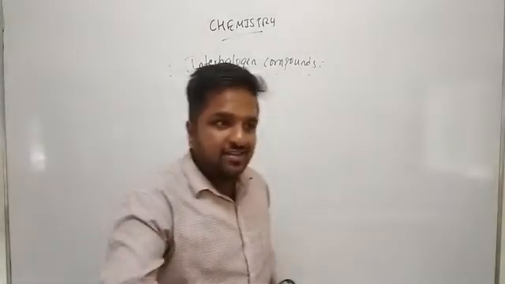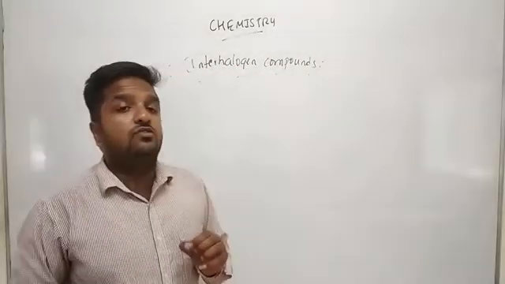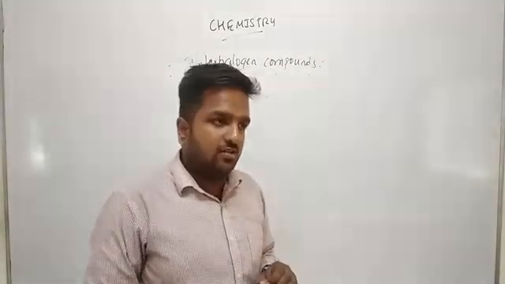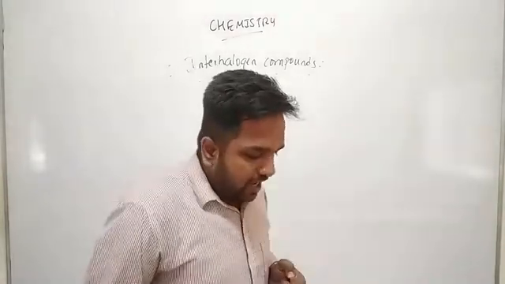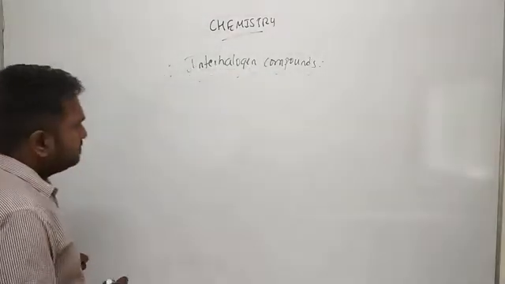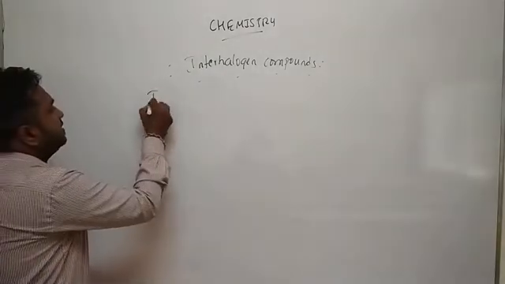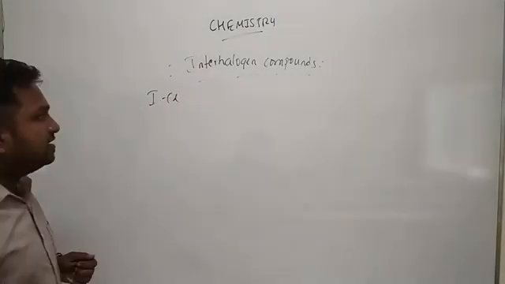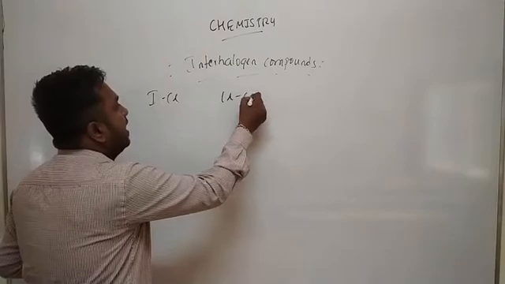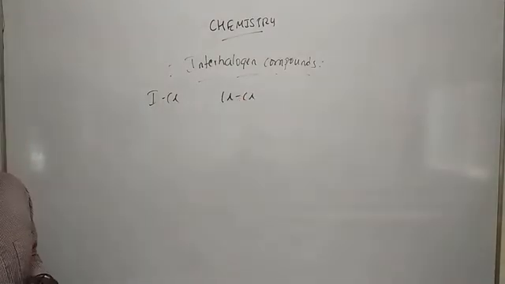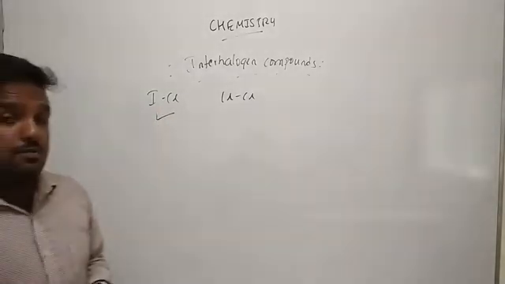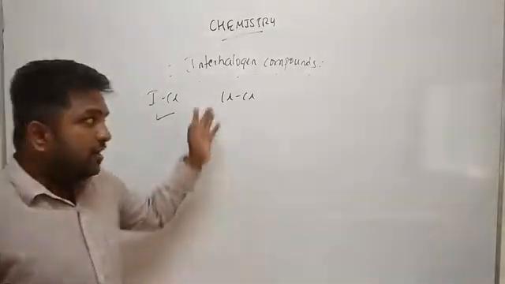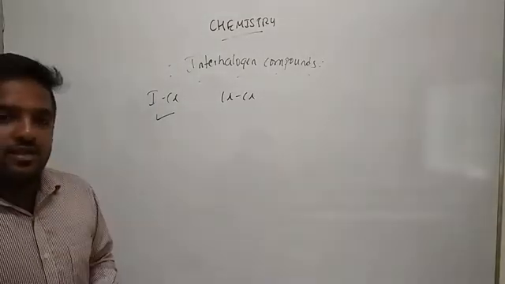When we compare the reactivity of interhalogen compounds and that of halogens, which is more reactive and which is less reactive? We have the interhalogen compound ICl and the halogen Cl2. Interhalogen compounds like ICl are more reactive when compared to normal halogens.